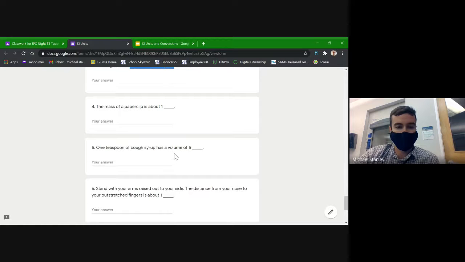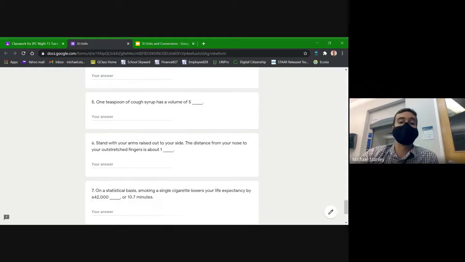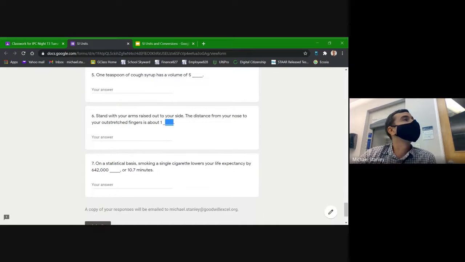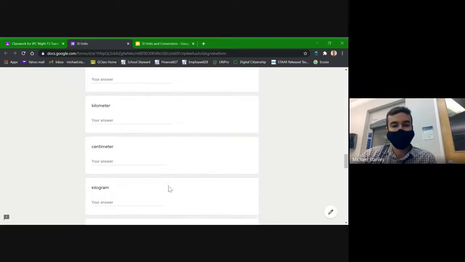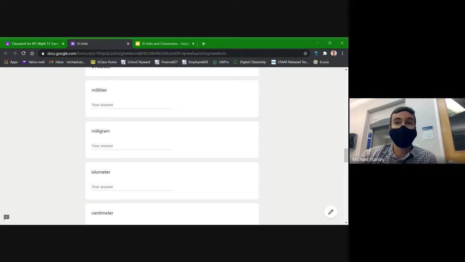Which one represents about how long you can stretch your arms out? So you're going to fill in these blanks here with the unit of length, volume, mass, or time that best fits. So that is the assignment for today.